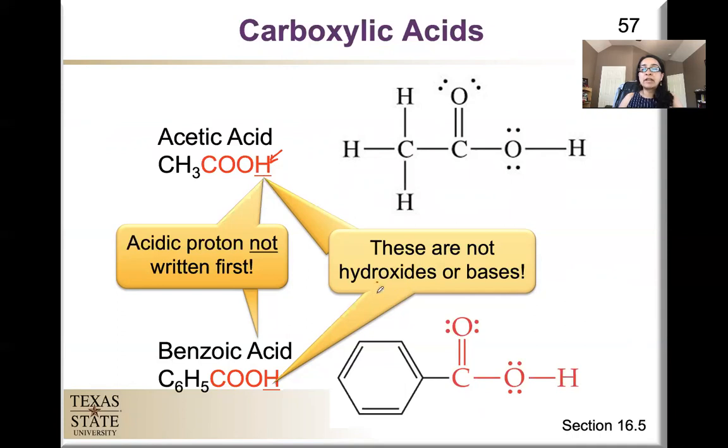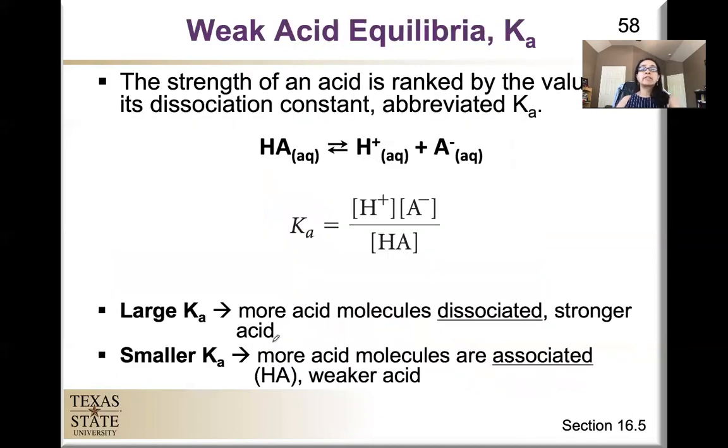Remember that hydroxides are OH minuses. They do not go with a COOH, right? That's different. A hydroxide is indicative of a base. COOH is indicative of an acid. And here are two examples, acetic acid and benzoic acid. All right, so coming back to Ka, that's the weak acid dissociation constant.